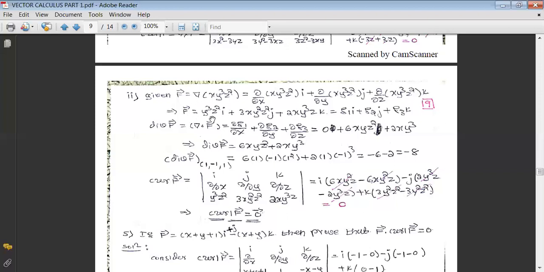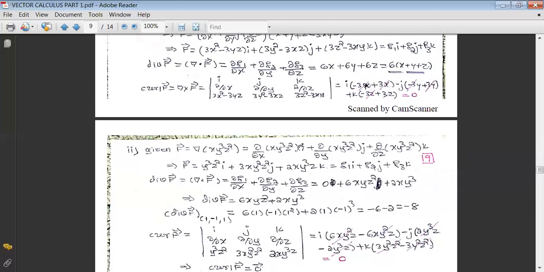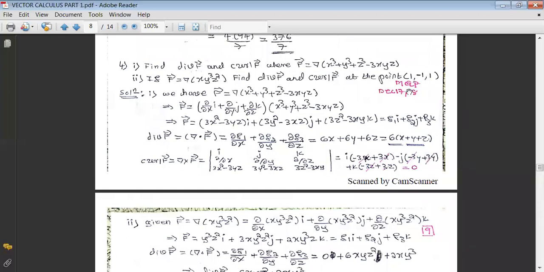When we differentiate, this is our first component, when I differentiate with respect to x, there is no x at all, it is as good as constant, the derivative of a constant is 0, plus when I differentiate this one with respect to y, that becomes 6xyz square, and when you differentiate this one with respect to z, that is 2xy. Therefore the divergence of f bar is given by 6xyz square plus 2xy. That is your divergence of f bar, and in this case we want the divergence at the point (1, minus 1, 1).